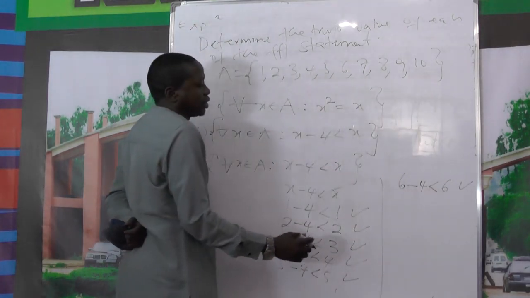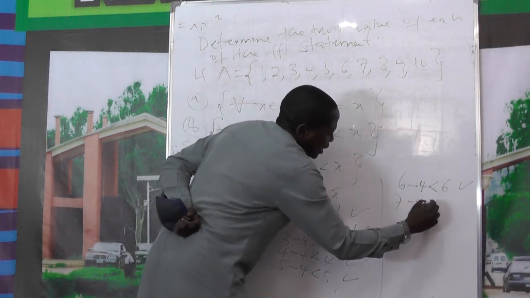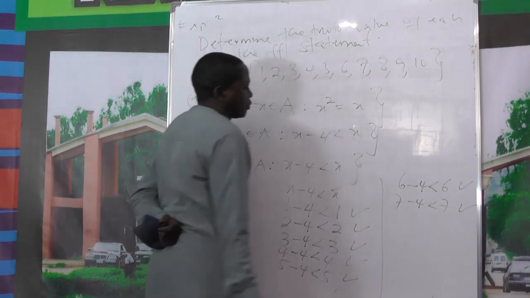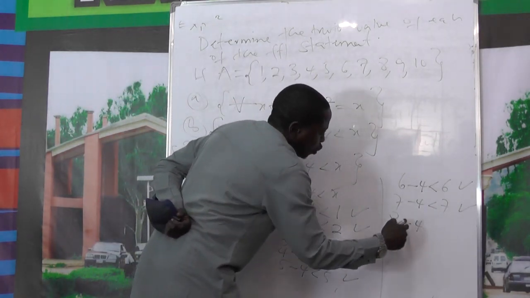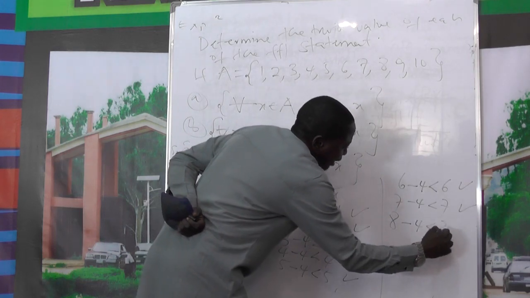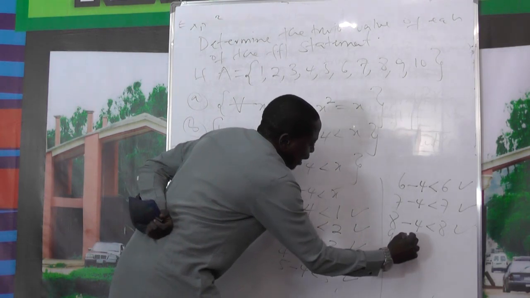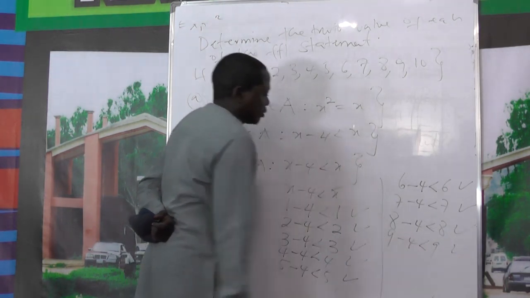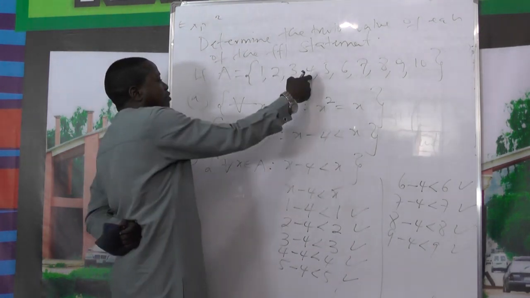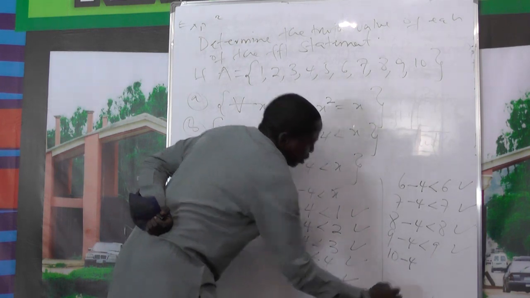The next number, 7. 7 minus 4 equals 3. Is 3 less than 7? Yes. The next number, 8. 8 minus 4 equals 4. Is 4 less than 8? Yes. The next number, 9. 9 minus 4 equals 5. Is 5 less than 9? Yes. The last number from our set is 10. 10 minus 4 is 6.